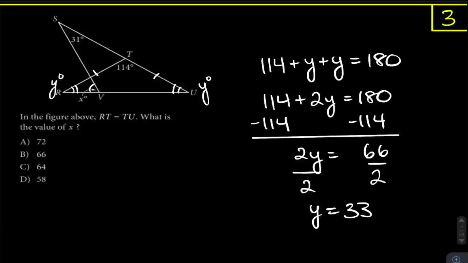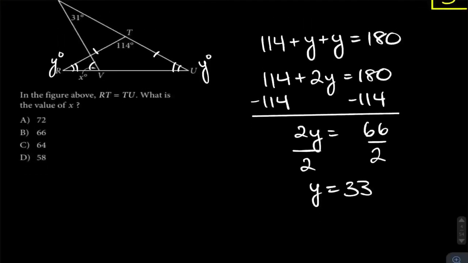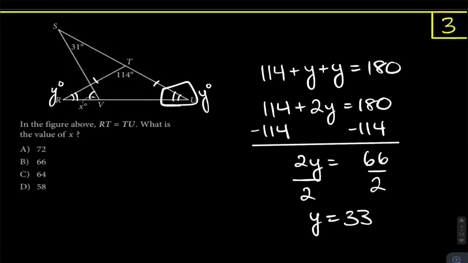And so what else can we do? How can we use that information to find out what x is? Well, firstly, I'm going to show you the longer way, and you're going to notice something about the longer way that will tell you what the shorter way could have been. So we'll do both here. Here's the longer way. We have a 33-degree angle here and a 31-degree angle here in this bigger triangle.